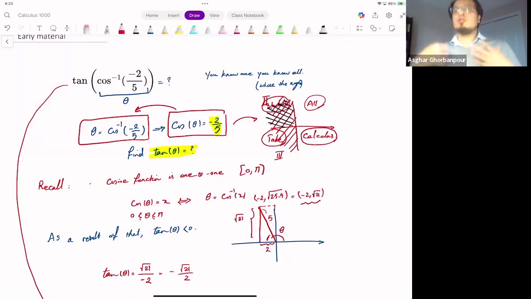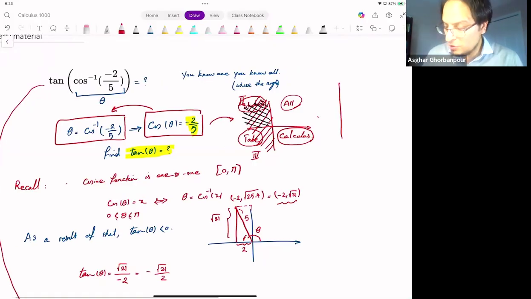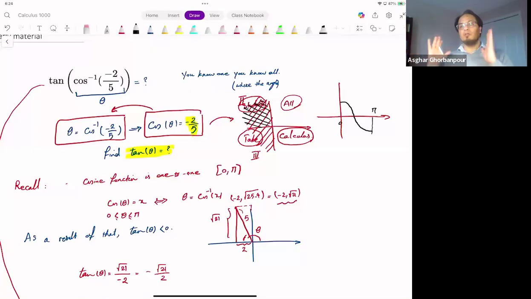To be able to define cosine inverse, we had to restrict the domain of the cosine function so that it is a one-to-one function. And remember, the way it worked was you go from 0 to pi, you pick that domain. This specific one-to-one domain you have to know for all the functions.